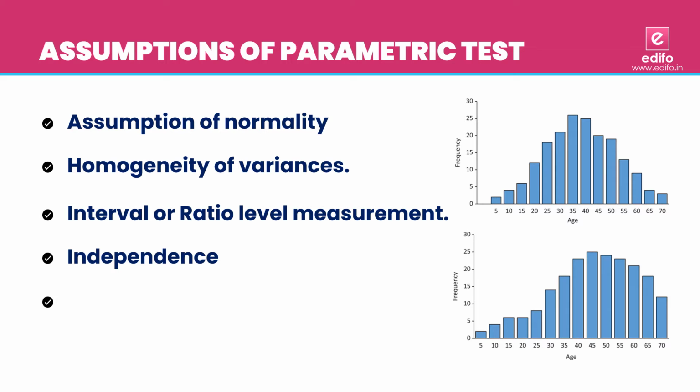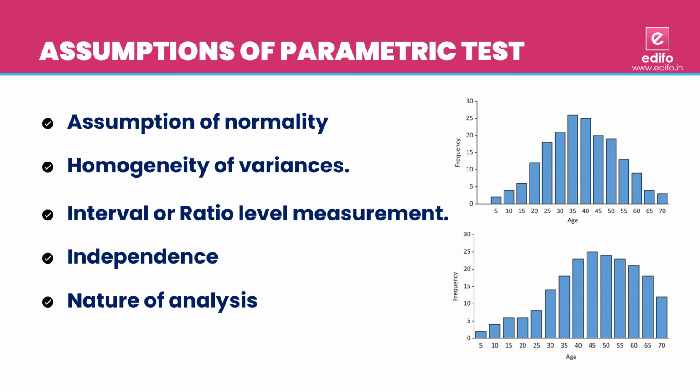Next is nature of analysis. If you want to compare the parameters of the data, that is the mean or standard deviation of the data, then you can apply a parametric test. And if you are going to compare the proportions or percentages of the data derived from nominal or rank data, then you can use a non-parametric test.